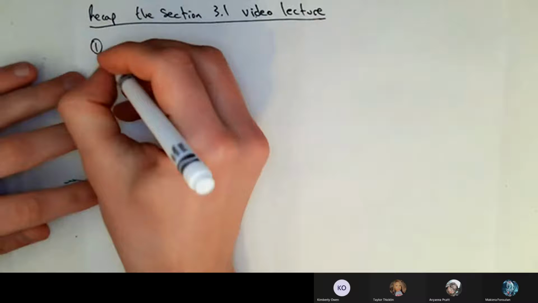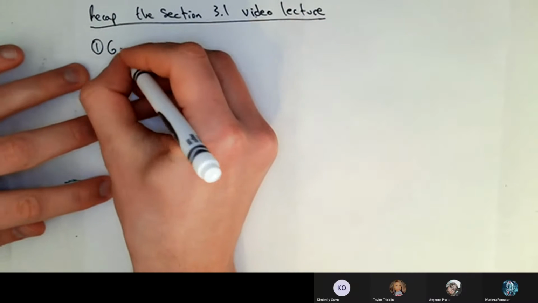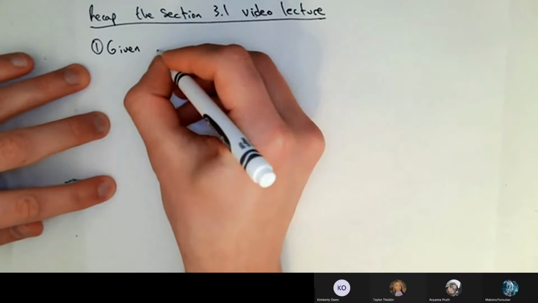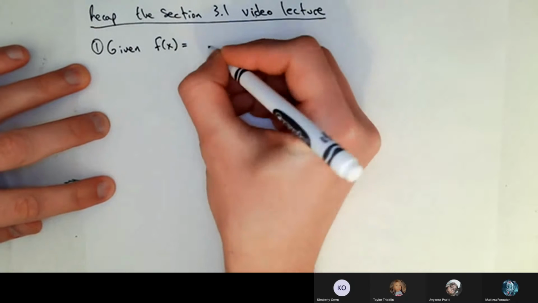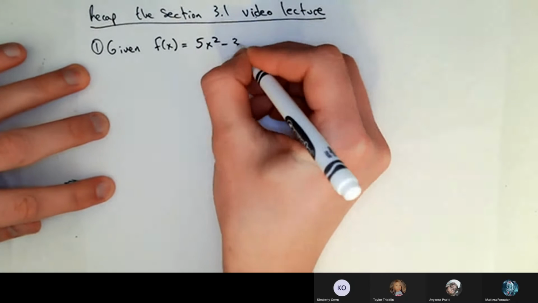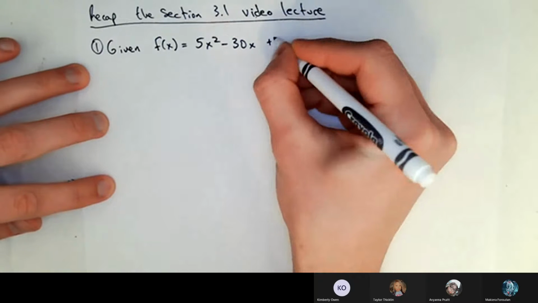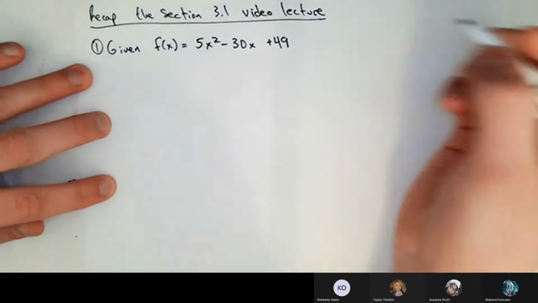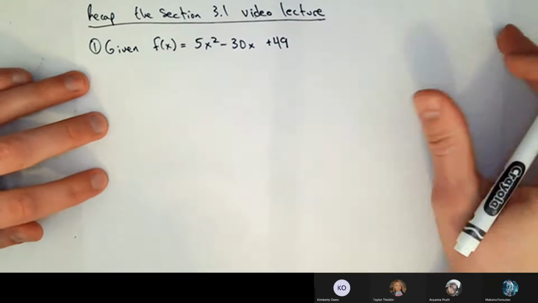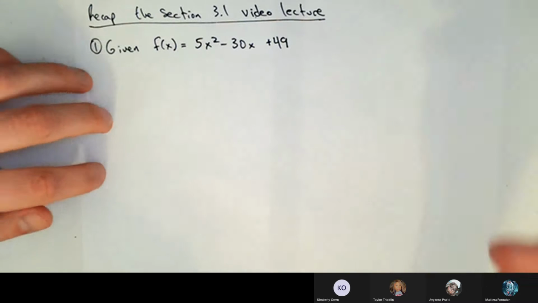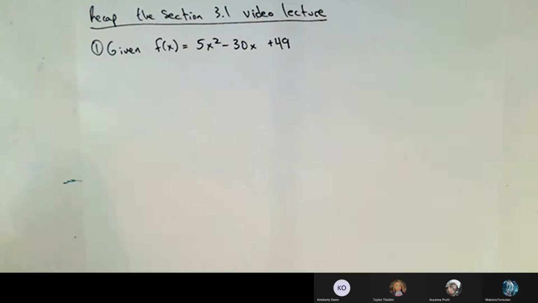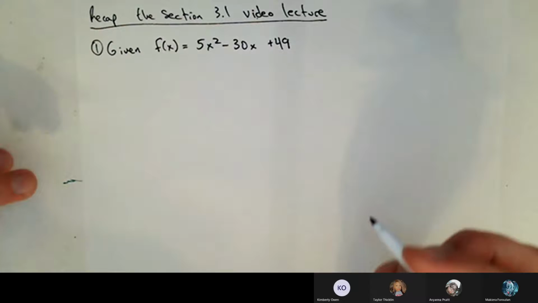What do we want here? Let's find, given f of x equals 5x squared minus 30x plus 49. What are we doing with this quadratic function? To remind you, 3.1 is about graphing quadratic functions. So how do we graph quadratic functions? What did we look at?